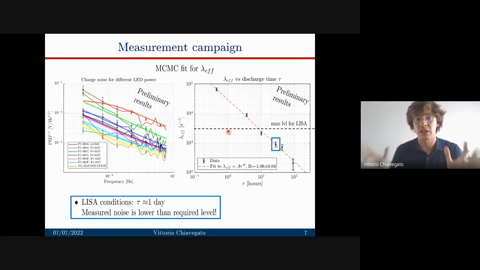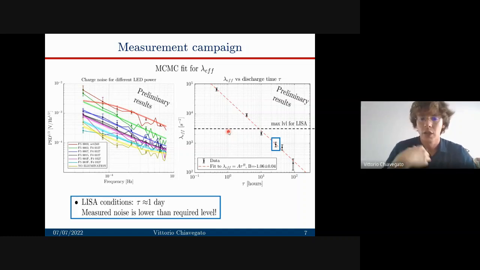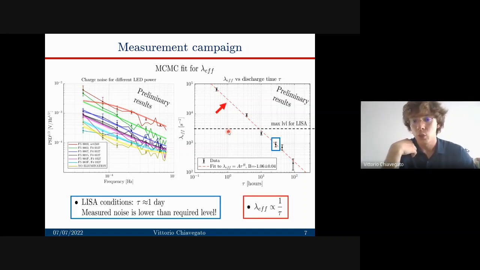So if we use this discharge time, we are lower than a level that makes this noise important for LISA. Also, you can see that we find that 1 over tau behavior of the charging rate. These are the two main results of the analysis.